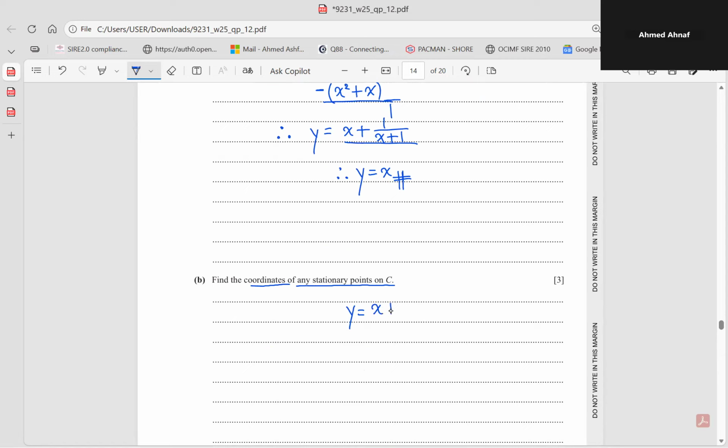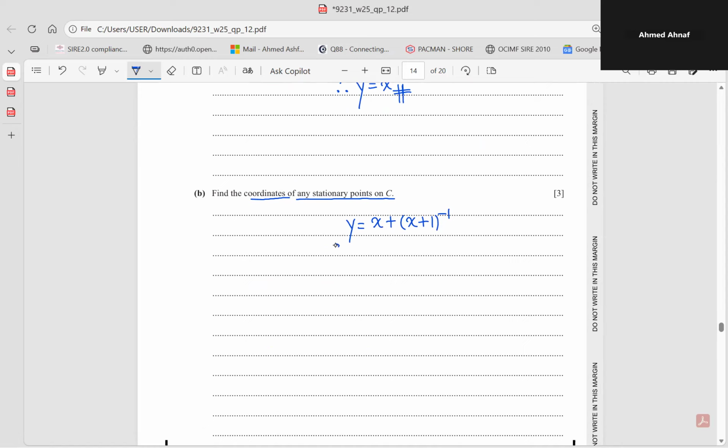So x plus, instead of 1 over x plus 1, I'm just going to write (x plus 1) to the power of negative 1. And now we're going to differentiate it. Differentiate the x, we get 1, and then differentiate (x plus 1) to the power of negative 1.